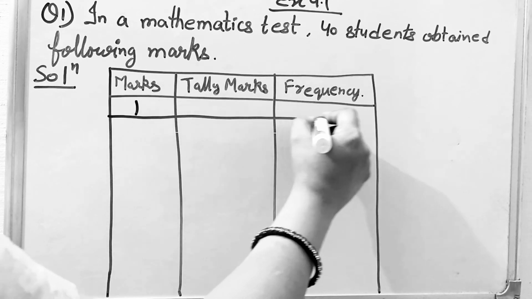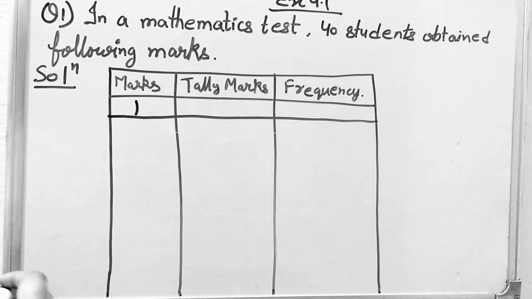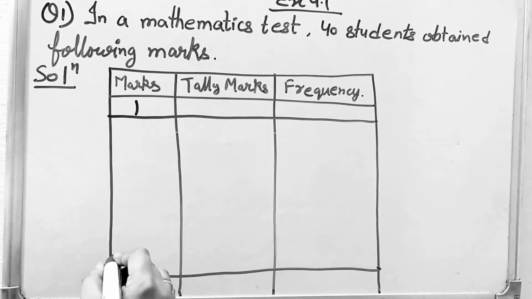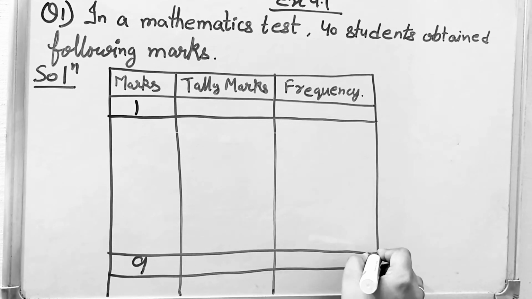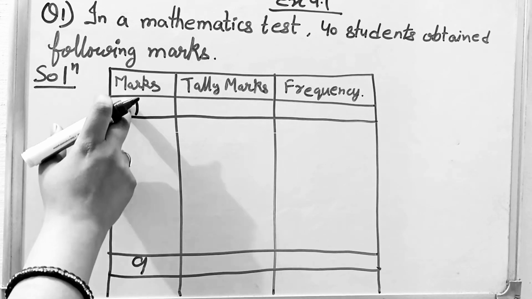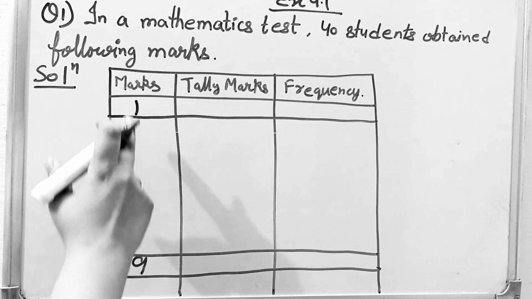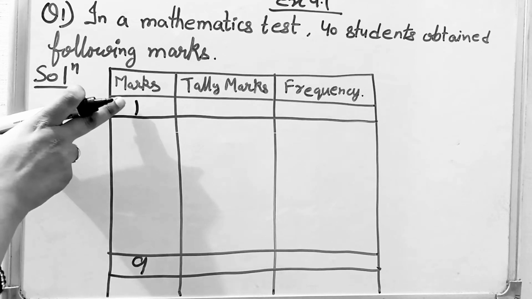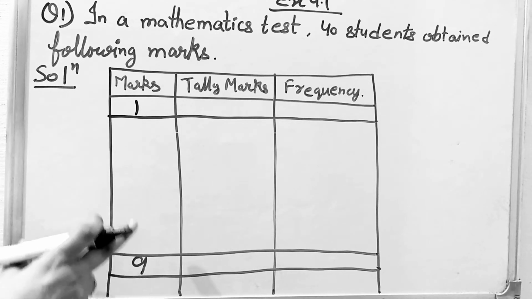So this will become our first row. And then the maximum marks are 9. So maximum marks will come at the end in the column of marks, and 1 will come at the start, because marks are starting from 1 to 9.